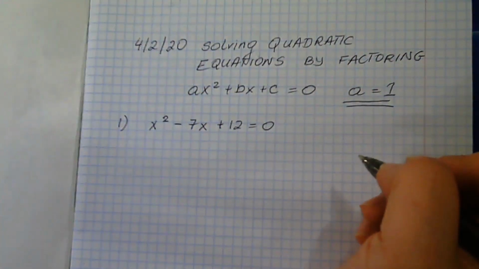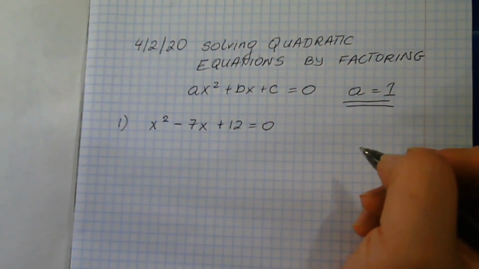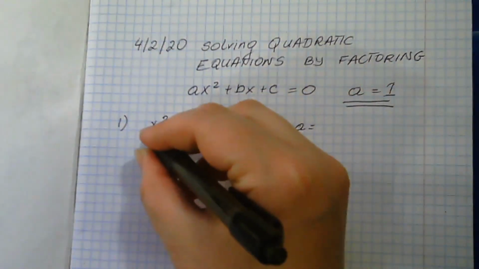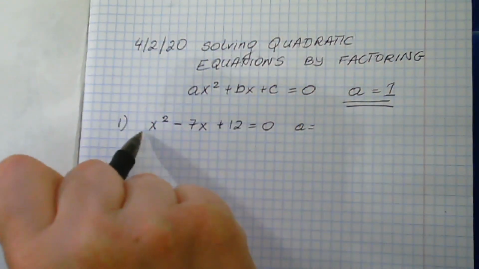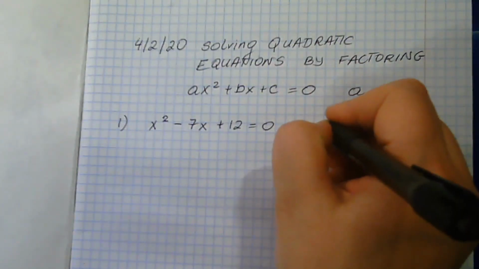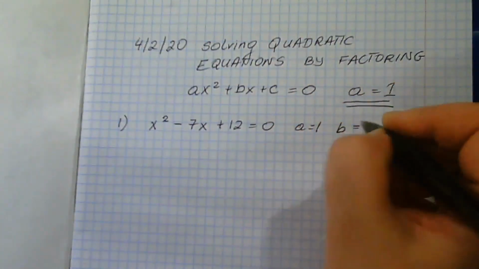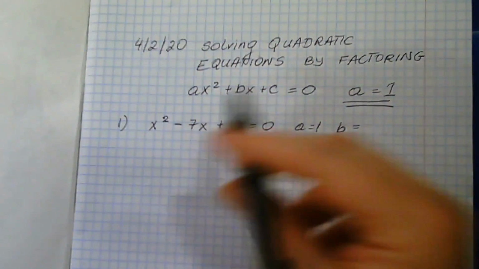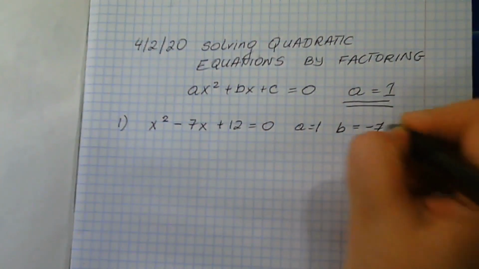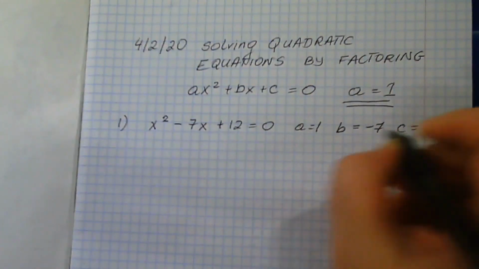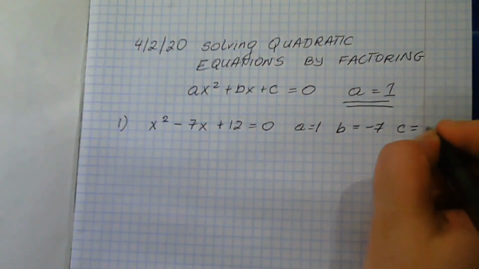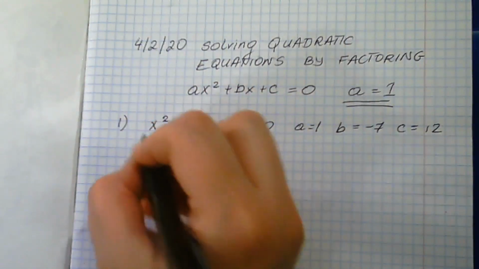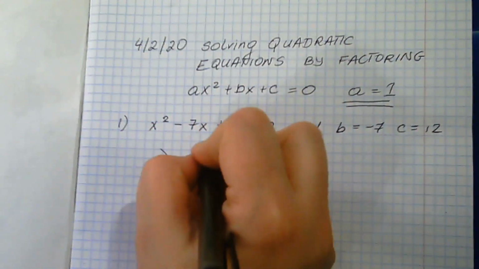Okay, if you are still confused, you can always list your a. In this case, the coefficient in front of x squared is 1, and b, the coefficient in front of x, is -7. Don't forget the sign. And then c is the number by itself, which is 12. Because a is 1, we only need to have a diamond.